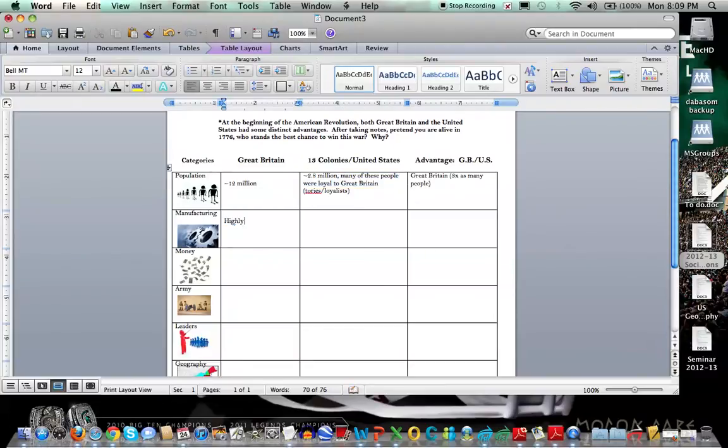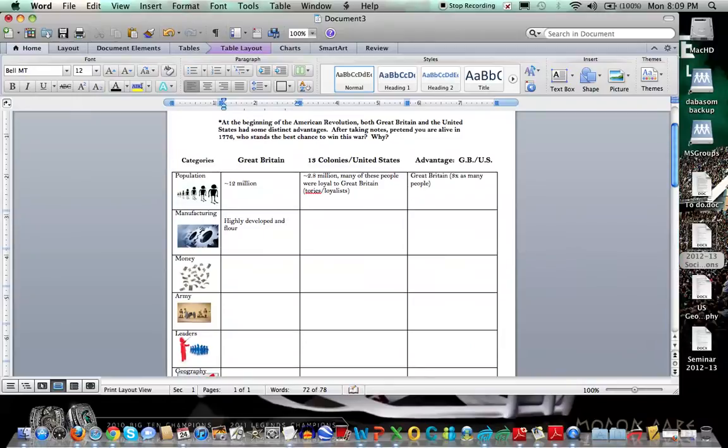Manufacturing, that is factories, that is being able to create goods. Great Britain was highly developed and flourishing, which means they were doing an incredibly good job, and things were just getting better in terms of their manufacturing. United States, what they had at their disposal is practically nothing.